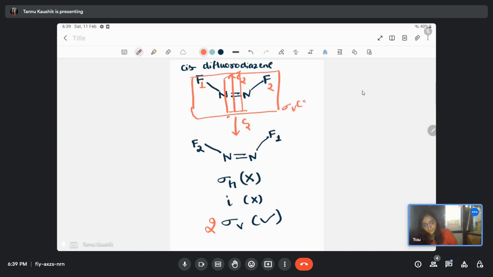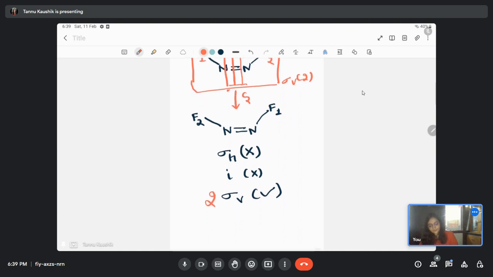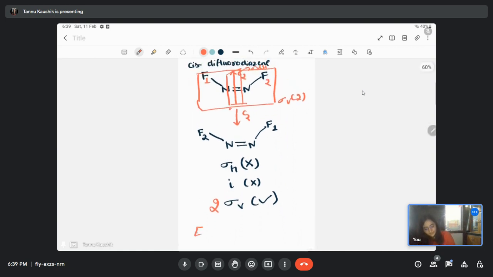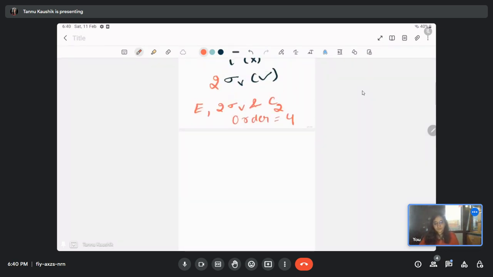So here we have 2 sigma v. This is sigma v1, and this sigma v2 is the molecular plane. So here we got E, 2 sigma v and a C2 axis. So the order is 4 here.